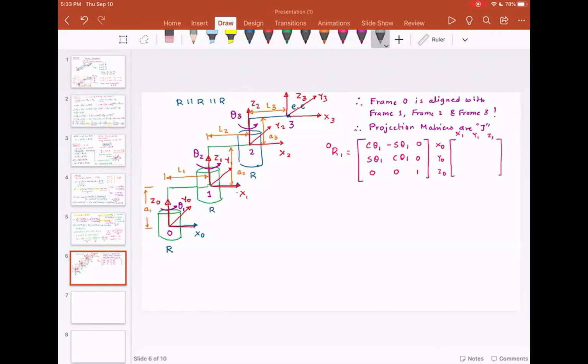Please note, x1 is aligned with x0, y1 is aligned with y0, z1 is aligned with z0. So this matrix is actually identity, which means when I multiply 0R1, what I'm going to get is 0R1.